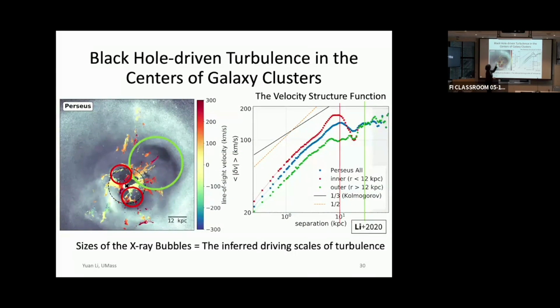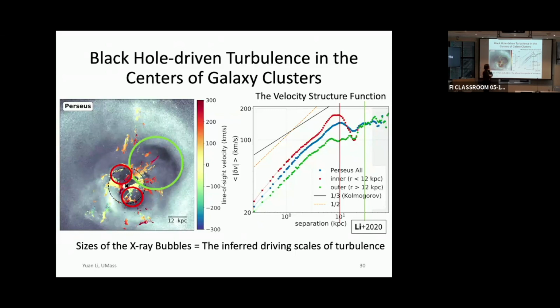And if we look at the inner filaments that follow the structure function shown in red, it reveals this energy injection around 10 kiloparsecs. And that's exactly the size of these X-ray bubbles that are still filled with radio-emitting plasma that were created by the jets from the black hole. So somehow these filaments know what the black hole is doing.